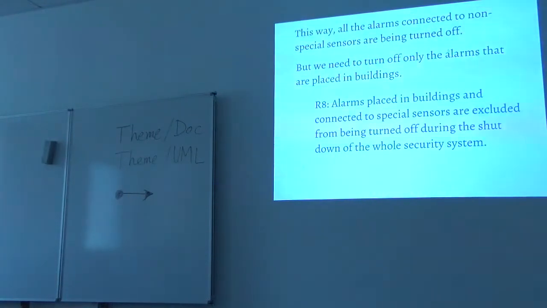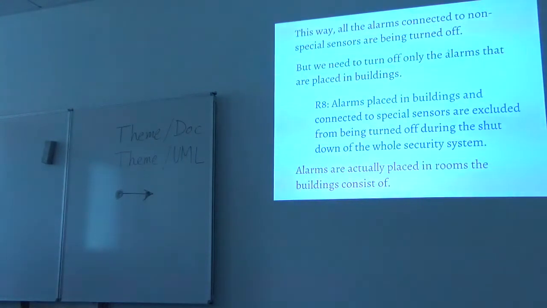That's what this requirement table says. Alarms placed in buildings and connected to special sensors are excluded from being turned off during the shutdown of the whole security system. So there's one more level there. So it's not just that overall.